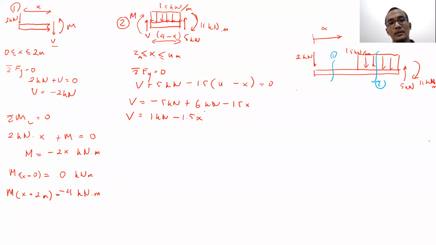And now using sigma moment equal to 0. Sigma moment on the right. Sorry, do you want to use the left side or right side? I prefer the left side. Okay, sigma moment from the left side equal to 0.